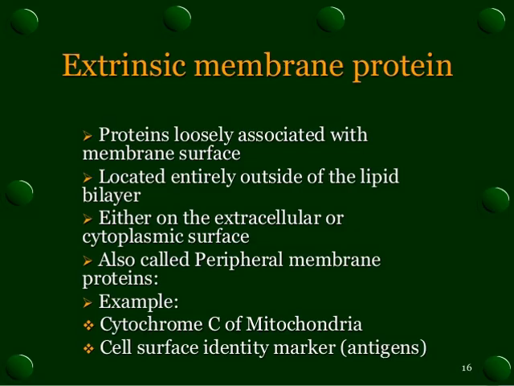Extrinsic membrane protein. What is extrinsic membrane protein? From the name itself, we can see that the proteins are present on the outer side or both sides, the outer side and the innermost side. That means the proteins are loosely associated with the membrane surface, both the inner surface and outer surface. It is located entirely outside of the lipid bilayer, either on the extracellular side or cytoplasmic surface.